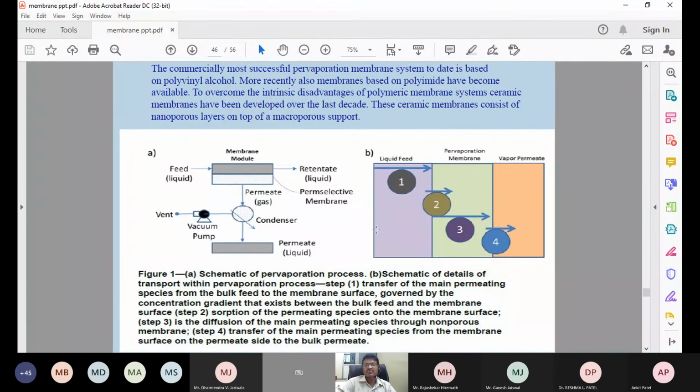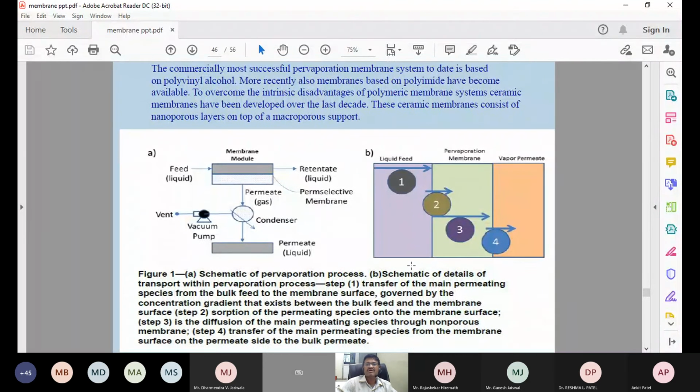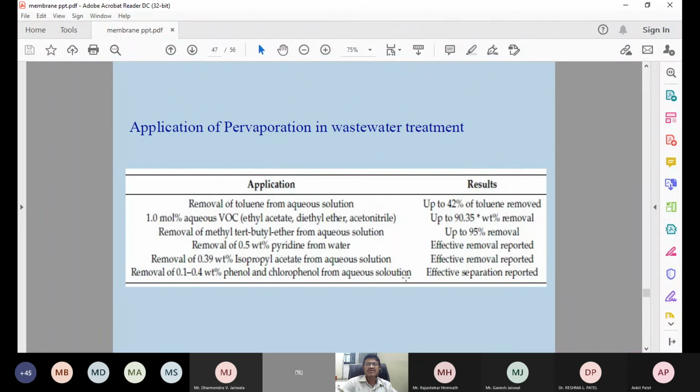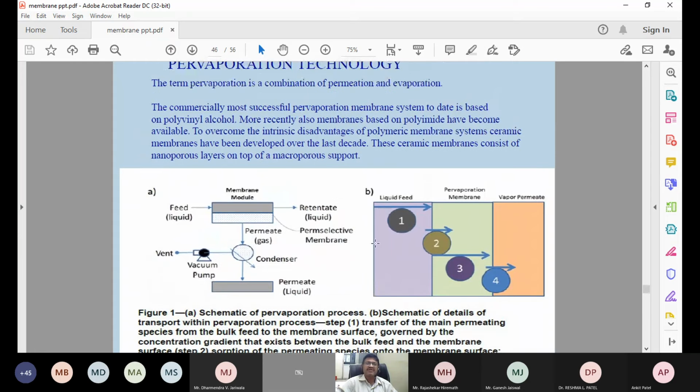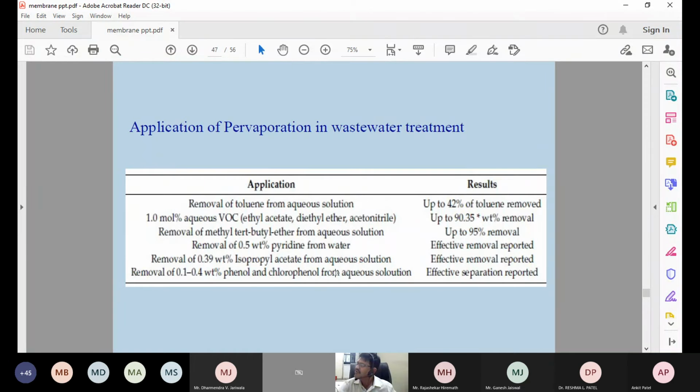So two things are happening: one is evaporation and the other is permeation. We can use these systems generally for removing toluene or ethyl acetate. So VOCs, volatile organic compounds, can be effectively removed using this pervaporation technology.